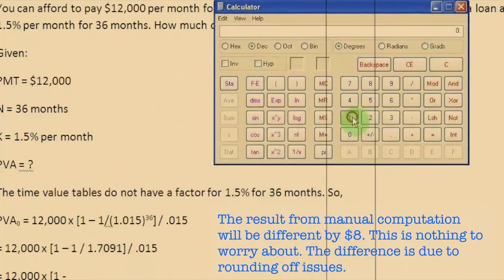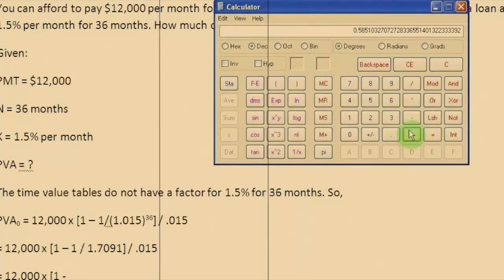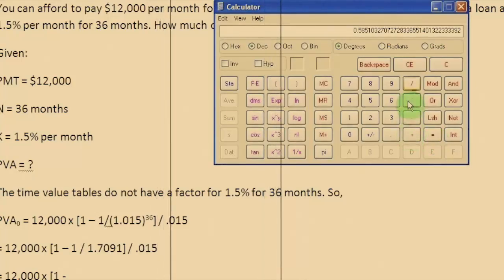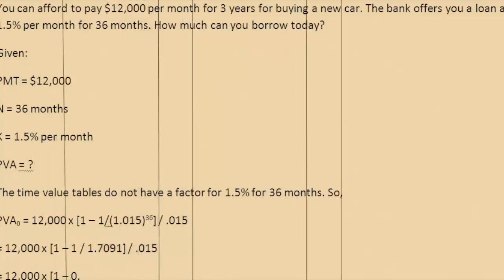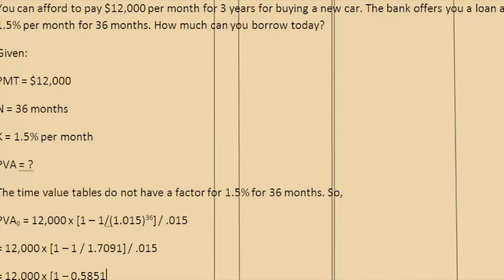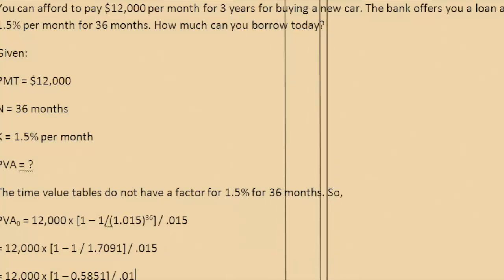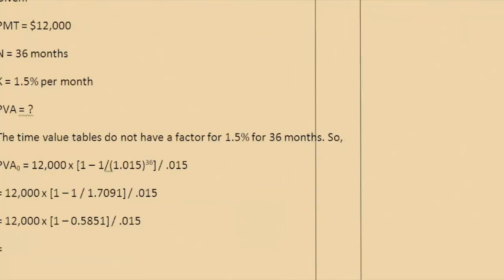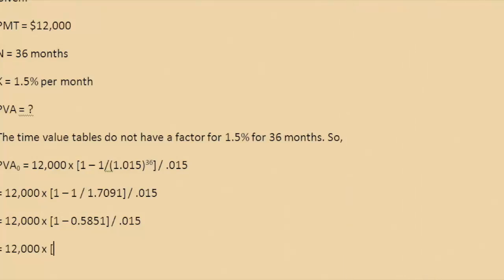Let us do that. 1 over 1.7091 gives me 0.5851. So let me just write that here, 0.5851, and then I close the bracket and divide the whole thing by 0.015.